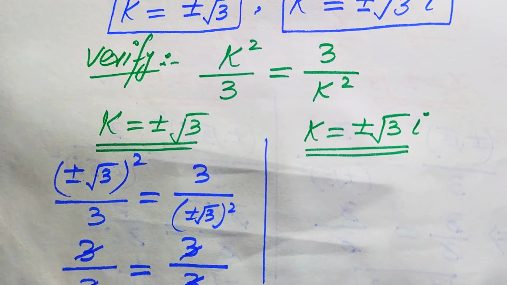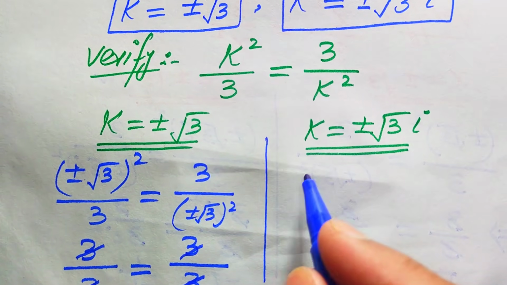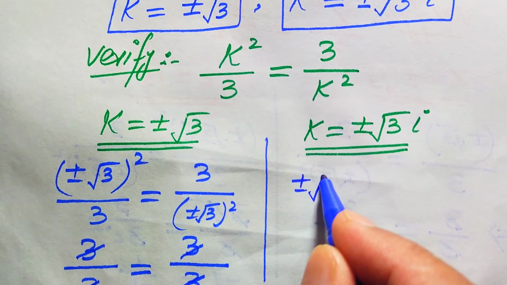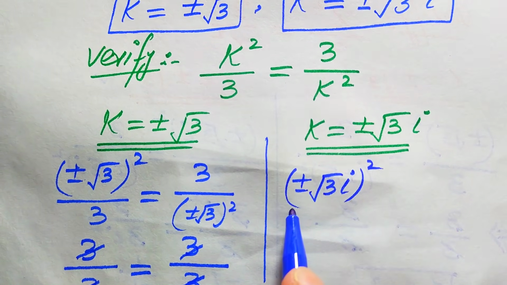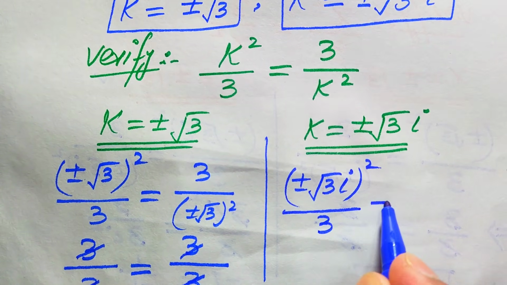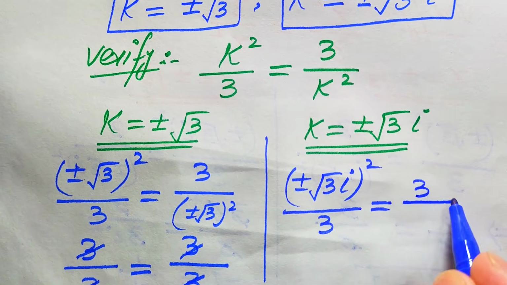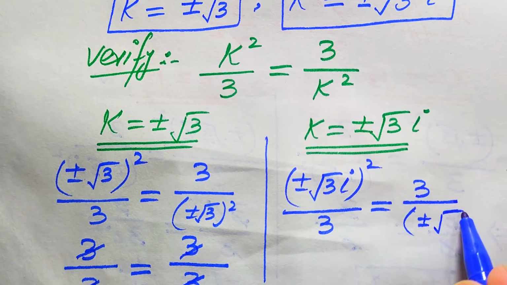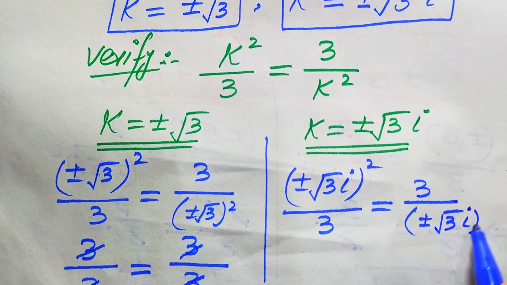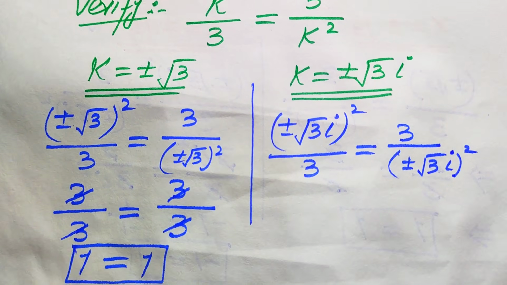So for this, we substitute these two values on both sides, and it will be written as plus minus square root of 3 into iota and its whole square divided by 3 is equal to 3 divided by k square. So again our k is plus minus square root of 3 into iota and its whole square.